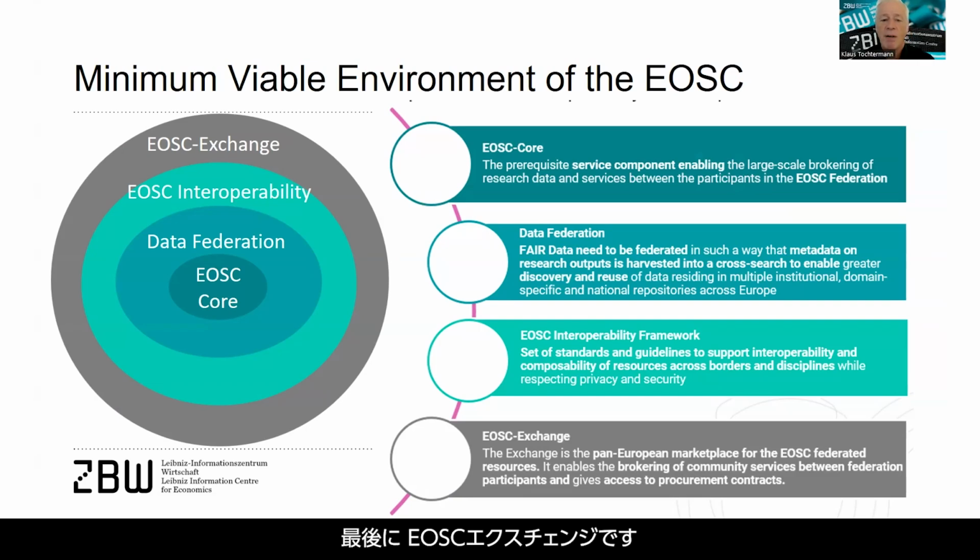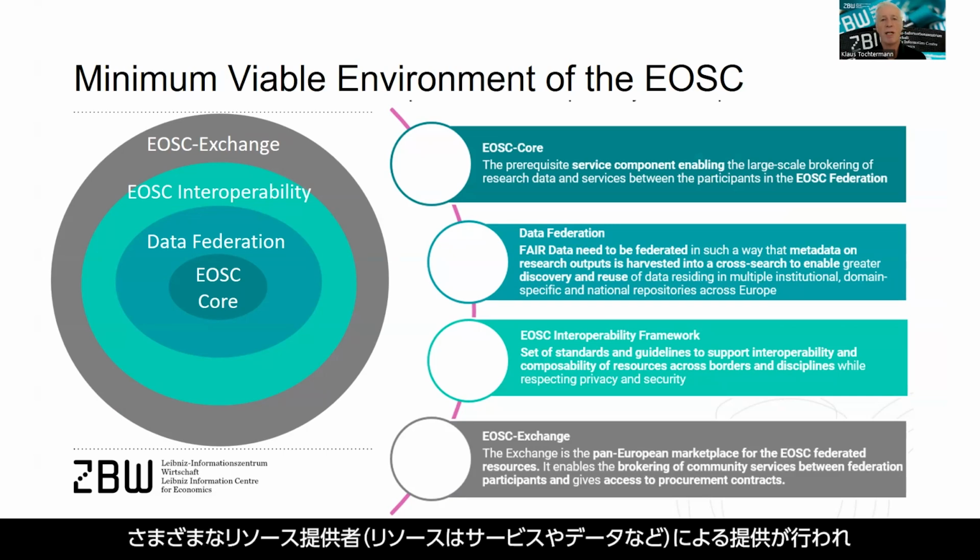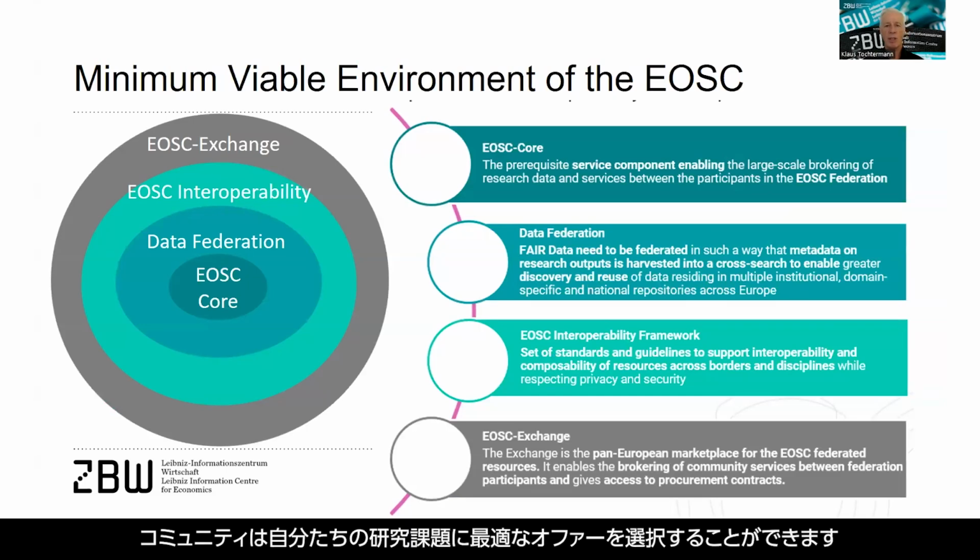And finally, we have the EOSC Exchange. EOSC Exchange is a digital marketplace where different resource providers, and a resource could be a service or it could be data, make their offers, and then the community decides which offer they want to take for their research questions, for the purposes they have.